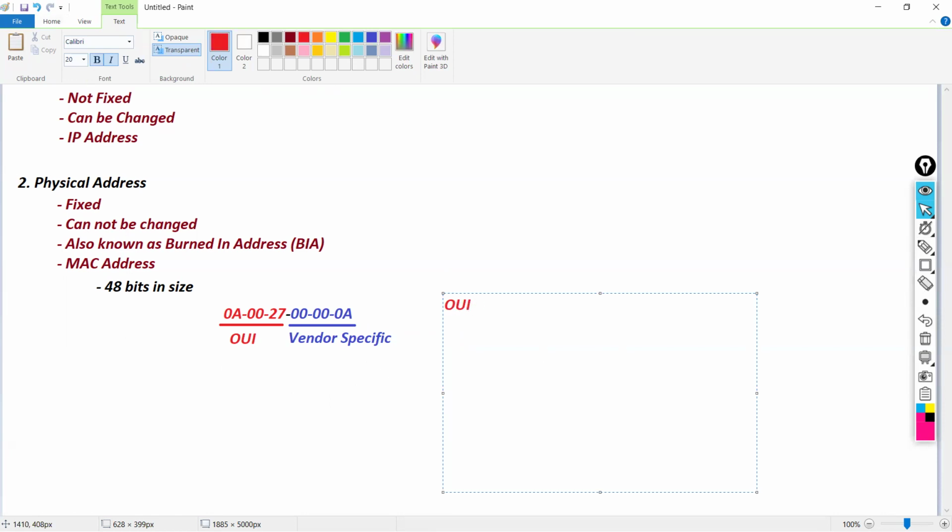OUI stands for organizationally unique identifier.